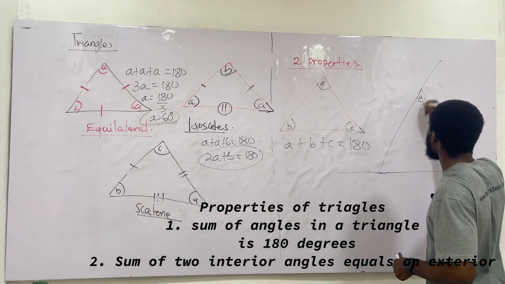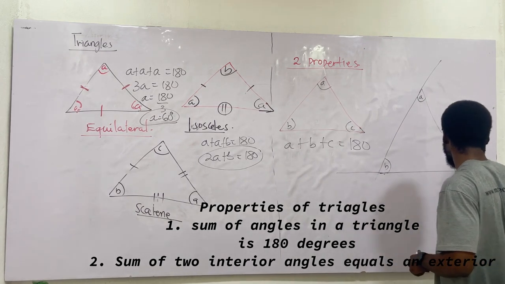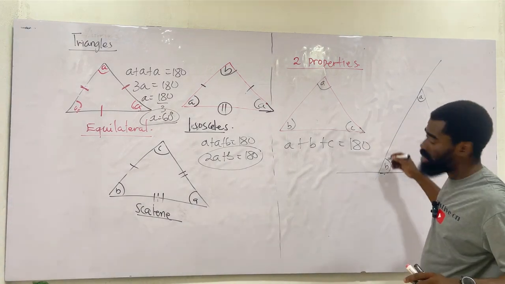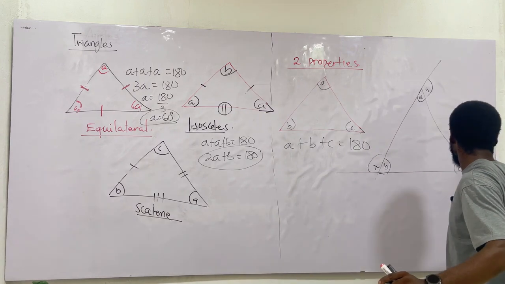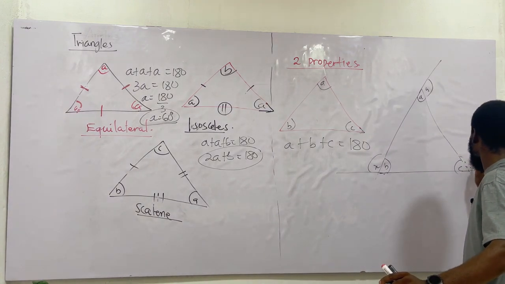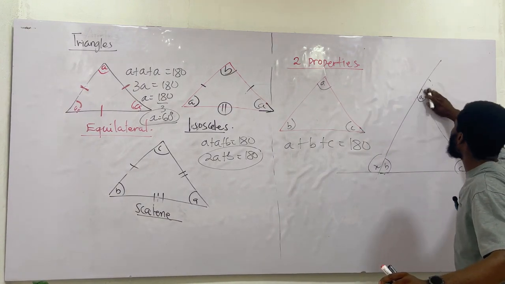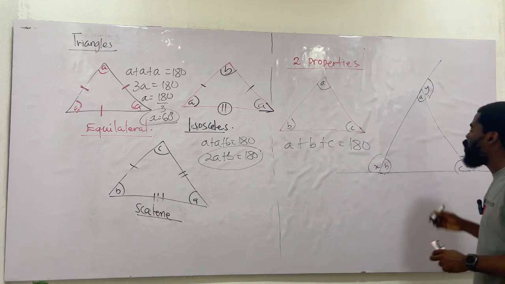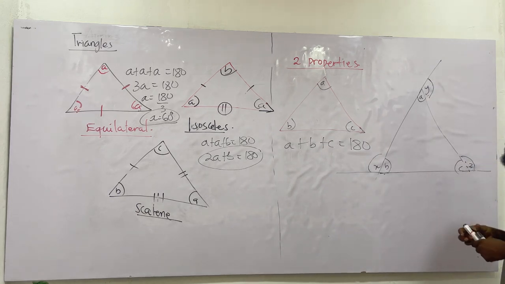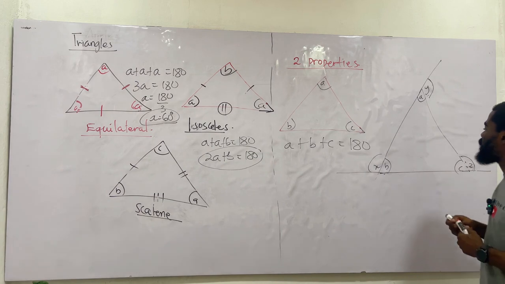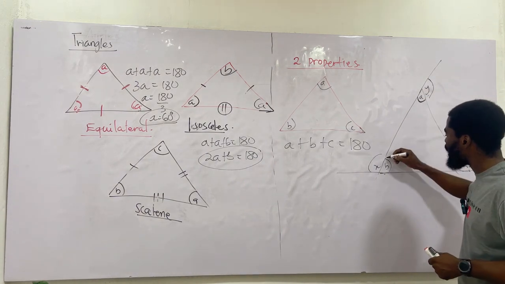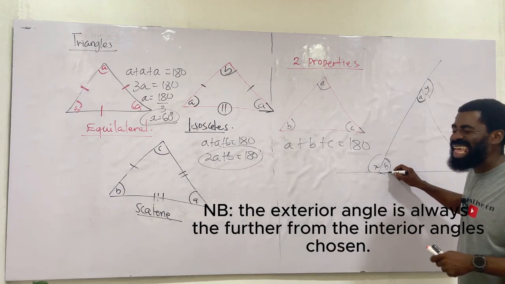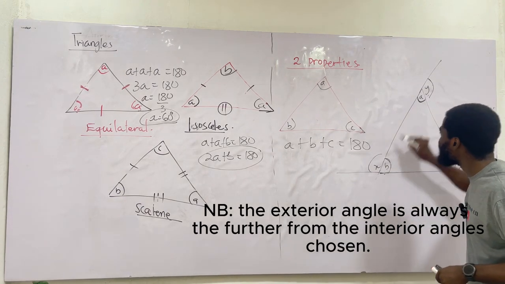Let's say I have A, B, C. These are the angles I have. Then I have X, Y, and Z. These are my exterior angles. Take note of what I'm doing here. I said the sum of 2 opposite interior angles equals an exterior angle. This is the trick. When I choose this interior angle and that interior angle, I can't choose an exterior angle from the side I chose the interior.